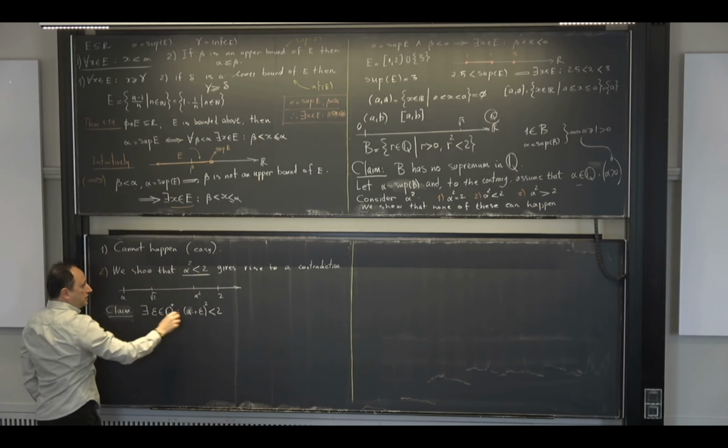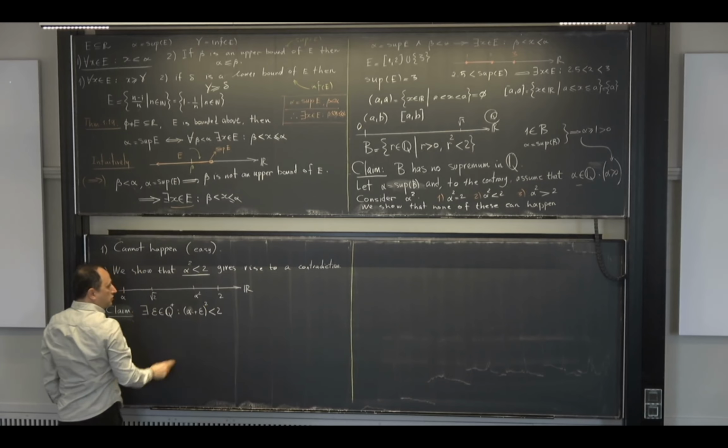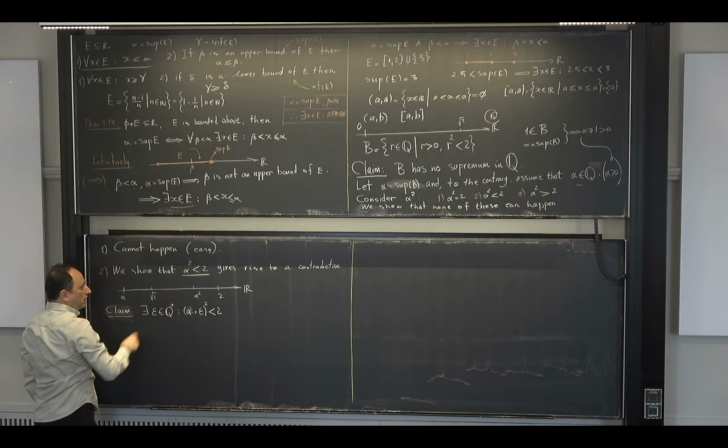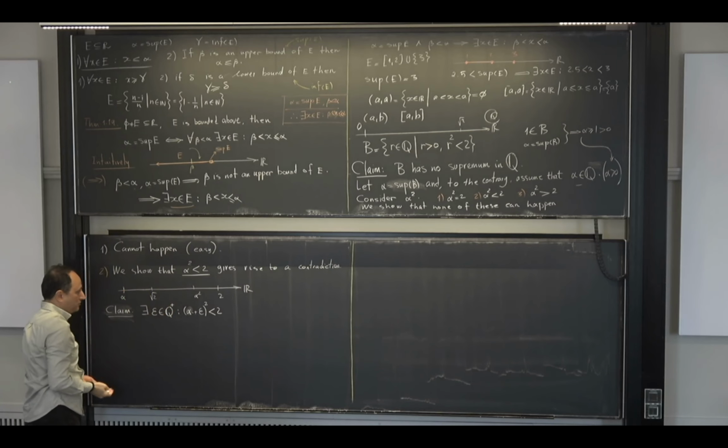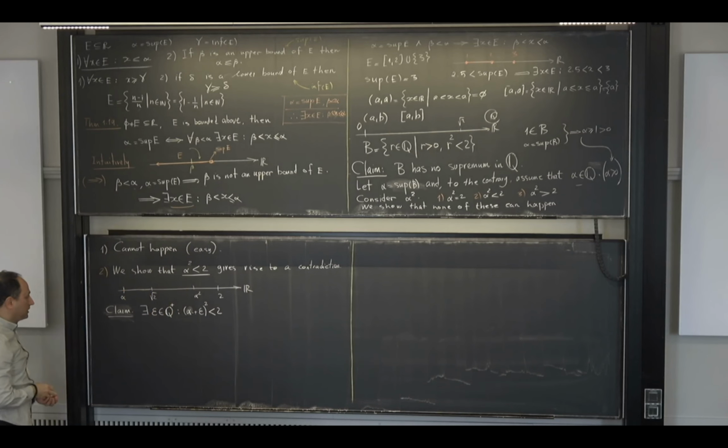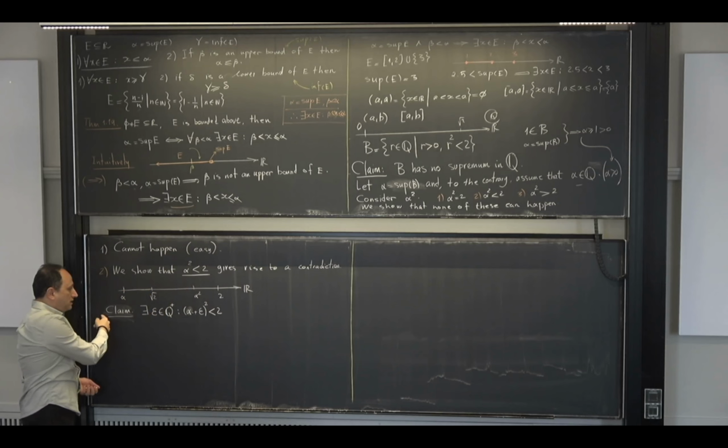On this part, this is the picture that you have in mind. 2 is somewhere. Alpha squared is less than 2. And for making it easier to understand, I have put alpha and square root of 2 somewhere here. I am not claiming that I am to scale. But first of all, can you feel what I am saying here?